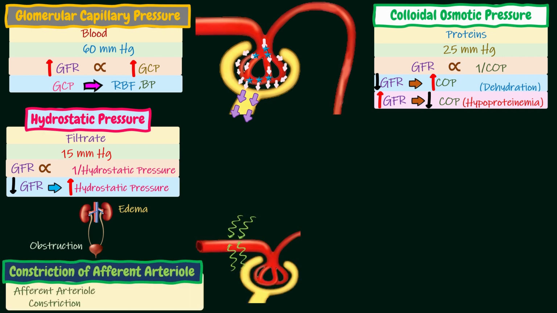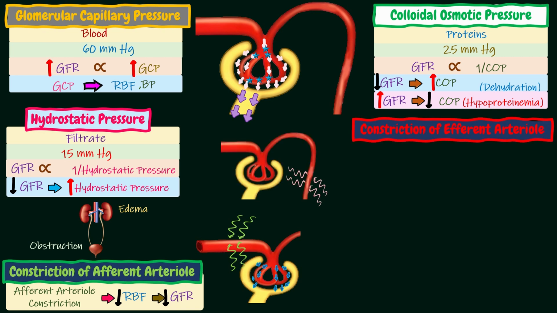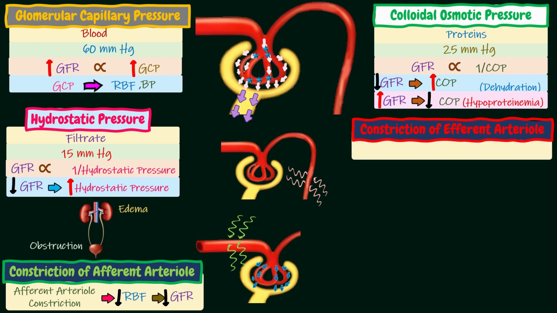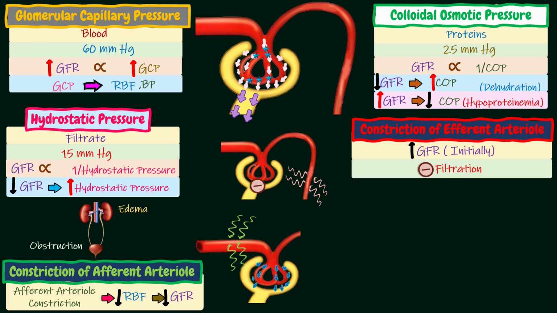Fourth factor is constriction of afferent arteriole. Constriction of afferent arteriole reduces the blood flow to the glomerular capillaries, which in turn reduces glomerular filtration rate. Fifth factor is constriction of efferent arteriole. If efferent arteriole is constricted, initially the glomerular filtration rate increases because of stagnation of blood in the capillaries.